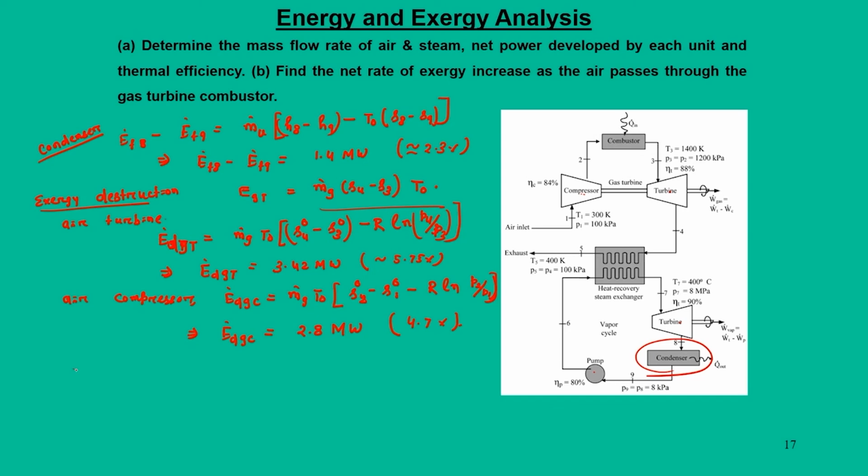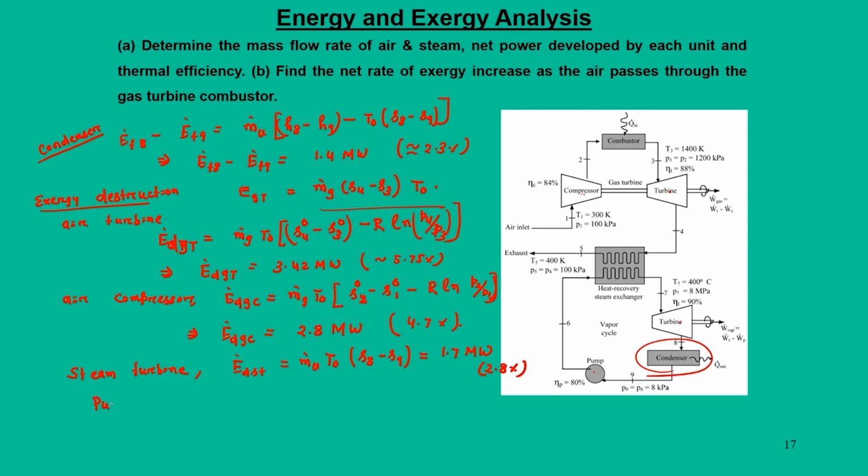Then the steam turbine. The exergy destruction for the steam turbine unit is m dot V times the actual term, S8 minus S9, and it is 1.7 megawatt. This ratio is close to 2.8% if you divide by 59.8.